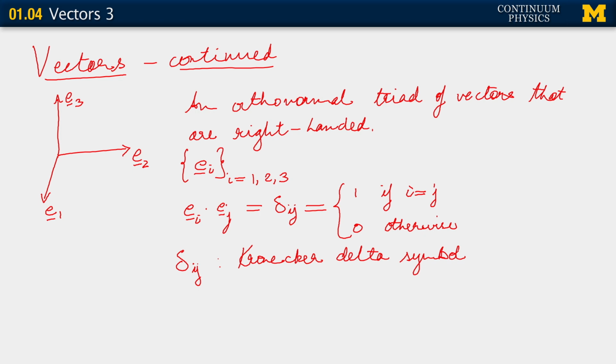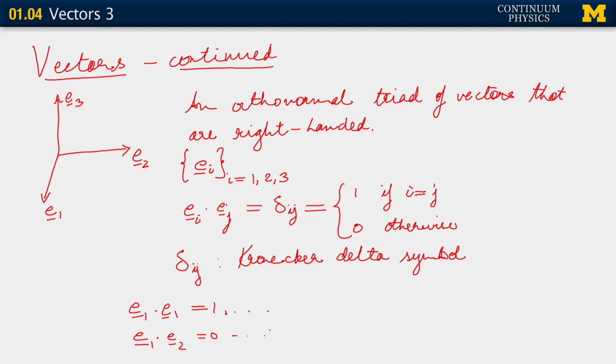And immediately you see what this means, right? You see that if i equals j, then we have the following sort of property, right? We have E1 dot E1, which is a particular manifestation now of i equals j. E1 dot E1 equals 1, and so on, right? E2 dot E2 equals 1, E3 dot E3 also equals 1, and E1 dot E2 equals 0, right?